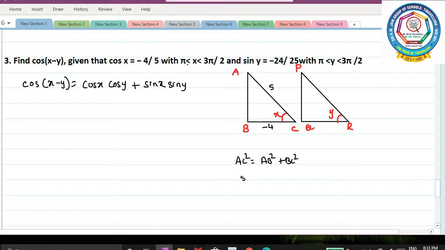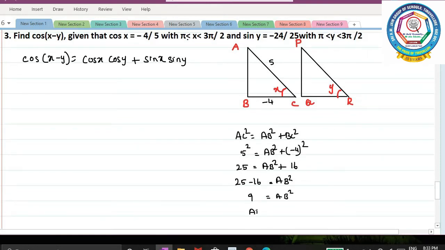AC square is 5 square, AB square we have to find, BC square is minus 4 the whole square. Therefore 25 equals AB square plus 16. So 25 minus 16 equals AB square. Therefore 9 equals AB square. Therefore AB equals plus or minus 3.